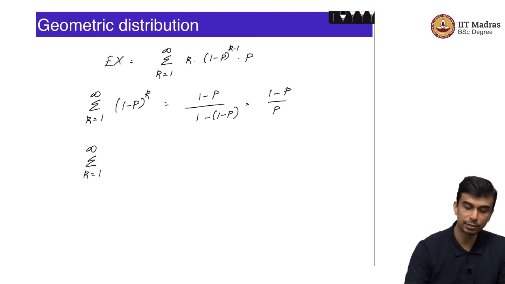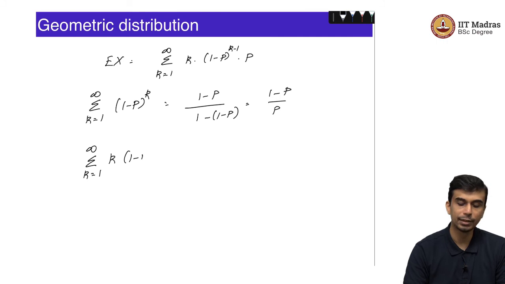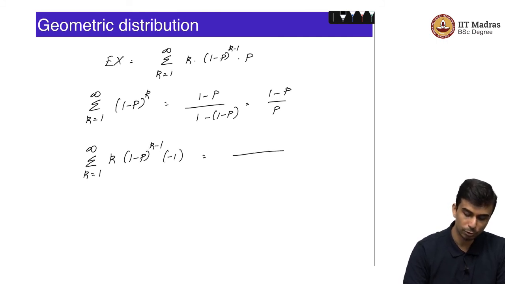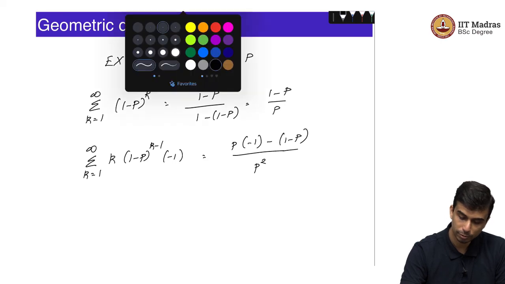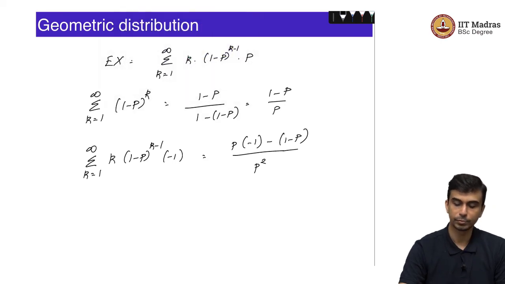Let us differentiate this expression, left and right side, with respect to p. If you do that, the sum over k equal to 1 to infinity of k into (1 minus p) power k minus 1 into minus 1 is equal to (p into minus 1 minus (1 minus p)) by p squared. This is u by v, so the derivative is (v du minus u dv) by v squared.